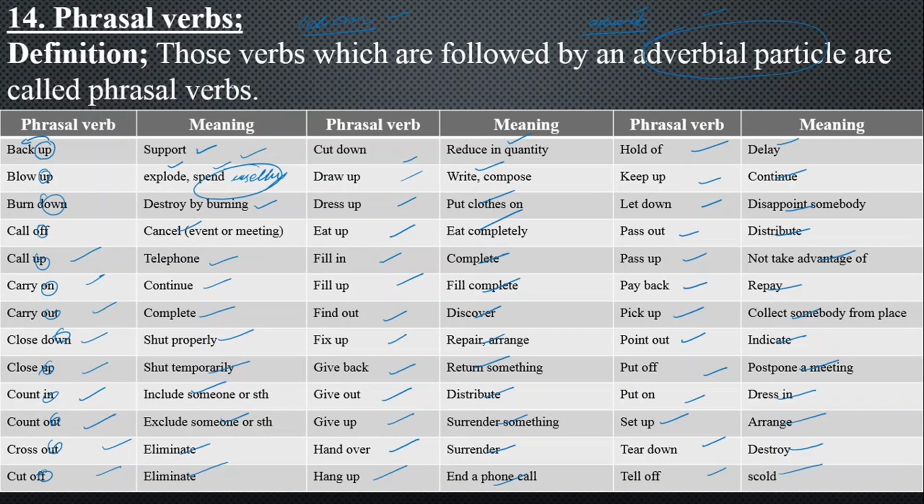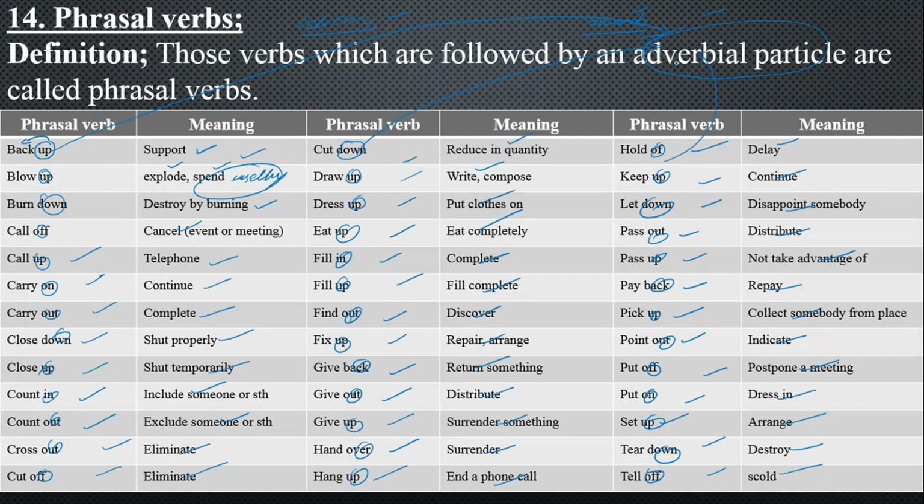Whatever the prepositions after the verb you see, like down, up, in, out, back, over, off, on, keep in your mind, whatever I've circled in blue, they are known as adverb particles. What is an adverb particle?